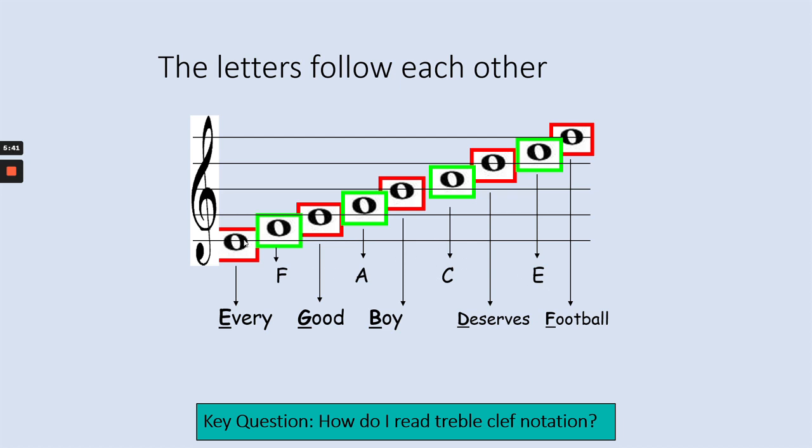So when we go from a line to a space, we move up one note. To the next line, we're moving up one note, and then we're moving up one more note. And you can see E, F, G, A, B, C, D, E, F. It just follows the letters of the alphabet, and after G comes A.